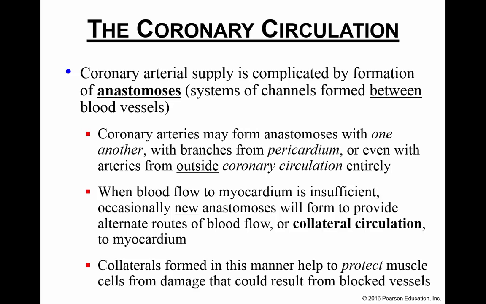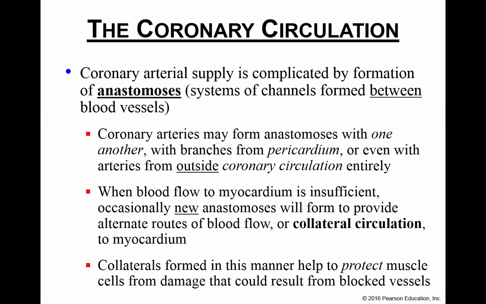The arteries in your coronary circulation are kind of complicated because you have anastomoses that form, which are channels that form between blood vessels, and the coronary arteries can form these extra branches from the pericardium or even from the coronary circulation on the outside of the heart, and they can connect to each other.